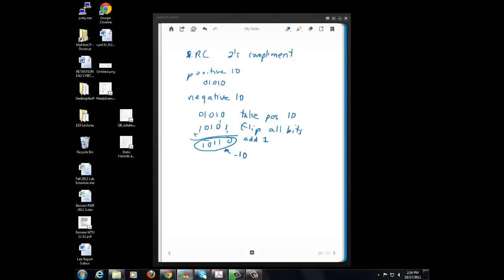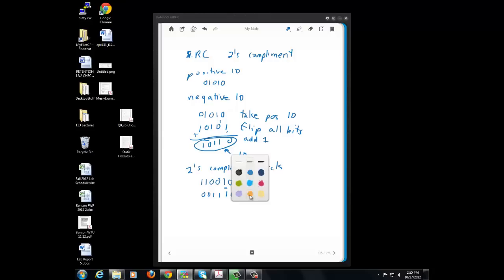Now you can do this flipping the bits and adding one, or there's a special little 2's complement trick. Instead of flipping all the bits and adding 1, what you're going to do is start from the right, copy down all the numbers until you reach the first one, then toggle everything else.